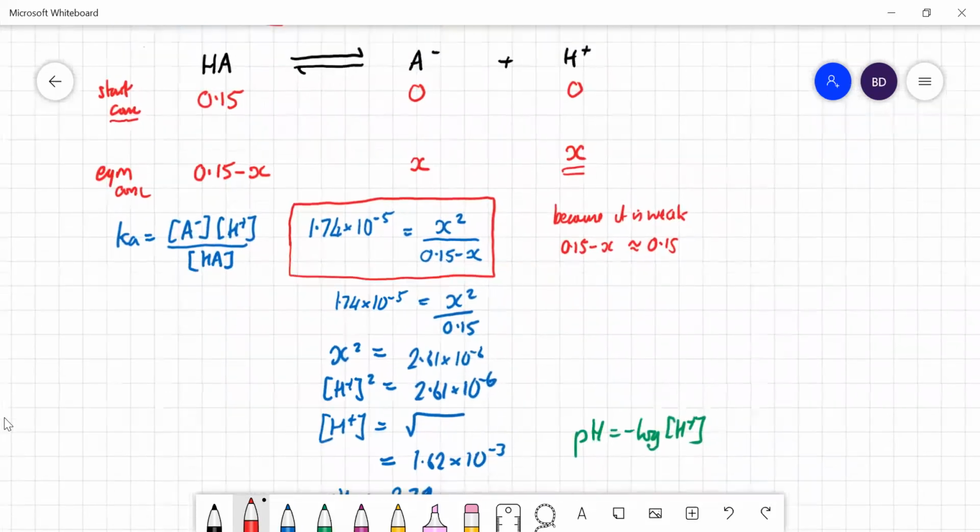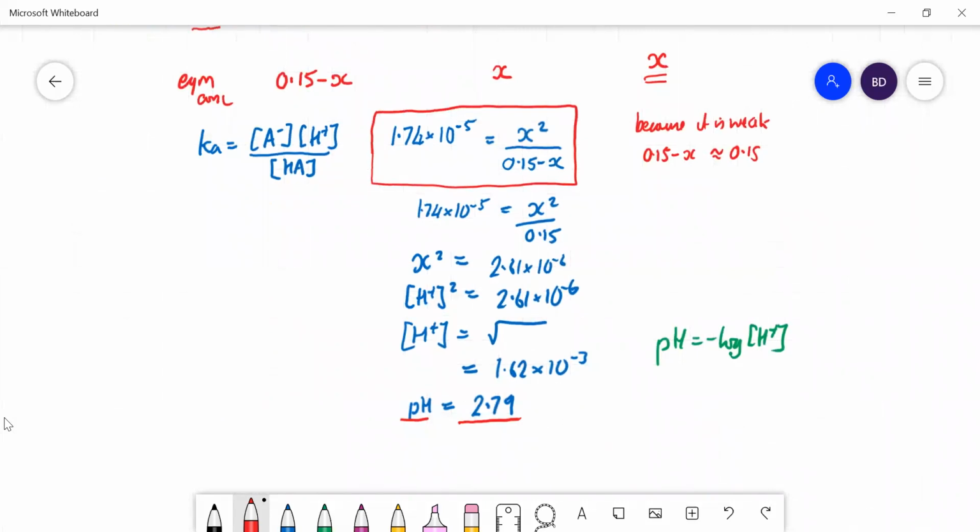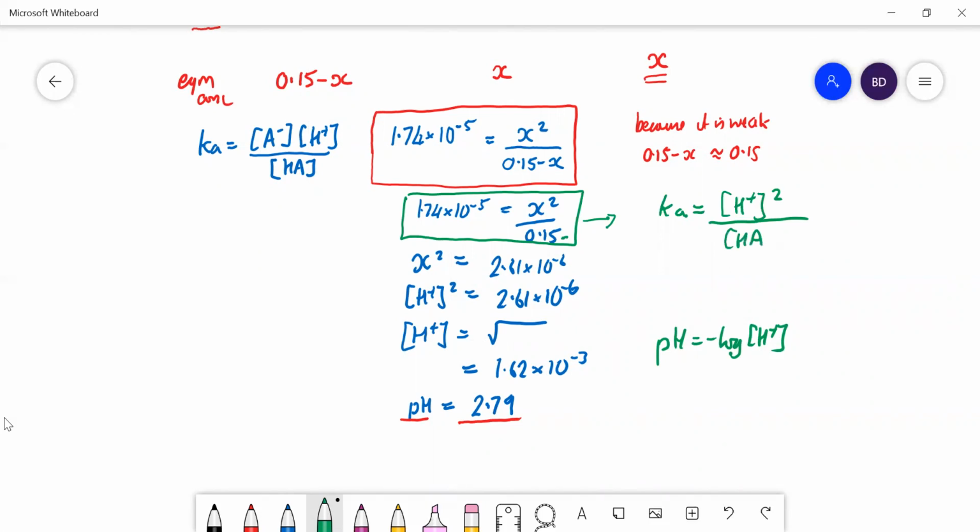Now, if you look at this point, let's just put a box around this. Effectively, what have we got there? This 1.74 is the Ka, so Ka is equal to H plus squared, and this bottom 0.15 is the concentration of the HA.